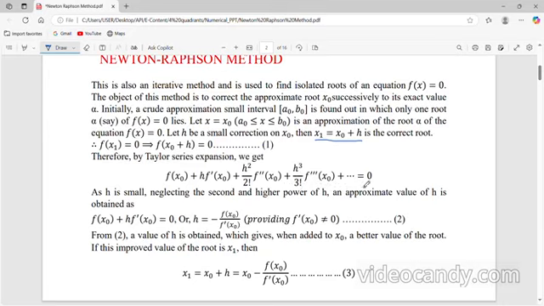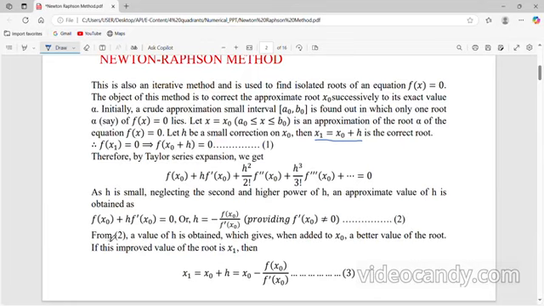As h is a very small quantity, neglecting the second and higher order powers of h, an approximate value of h is obtained as f(x0) + h f'(x0) = 0. That implies h = -f(x0)/f'(x0), providing f'(x0) is not equal to 0. This is equation 2.